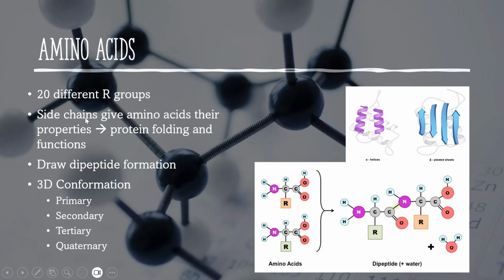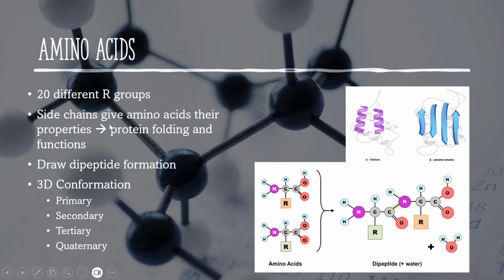These side chains will affect the acidity, the polar, non-polar, basic interactions within itself and with other amino acids that will affect how a protein folds. So things that are polar want to associate with polar, so they'll fold towards each other, and that's true with non-polar.